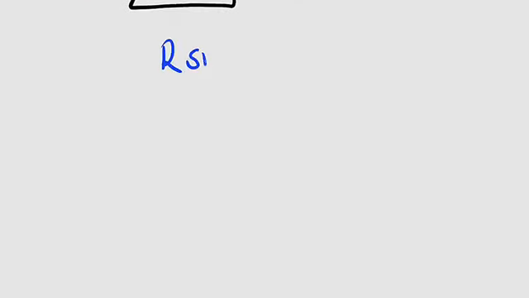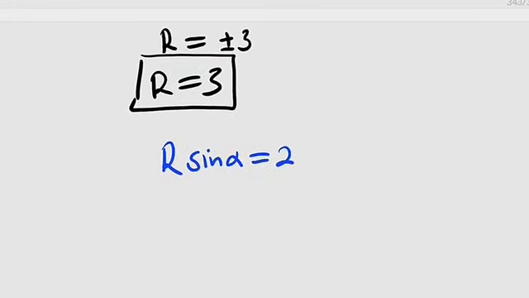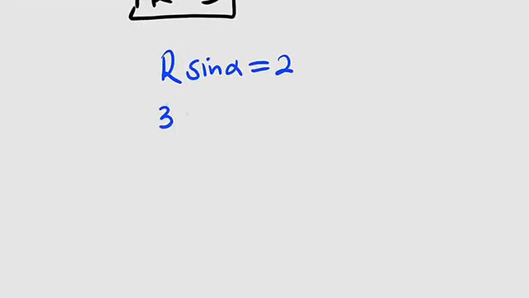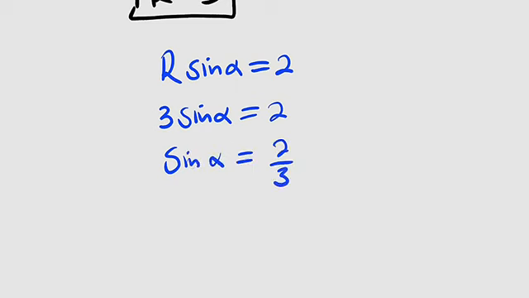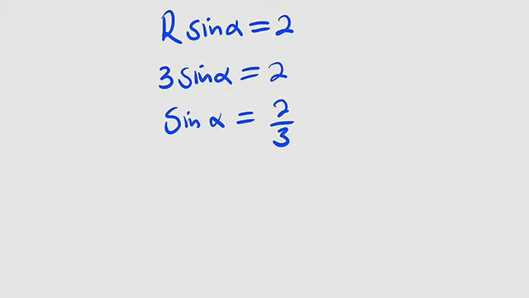So r sine alpha equal to 2, but we have seen that r is equal to 3. So we have 3 sine alpha equal to 2. Divide both sides by 3. Sine alpha is equal to 2 over 3. And what are we looking for? We are looking for alpha in the first quadrant, because they say from 0 to 90 degrees.